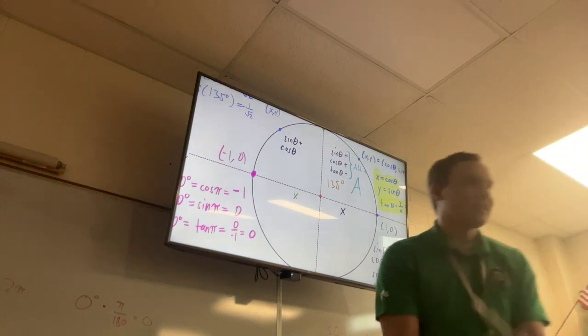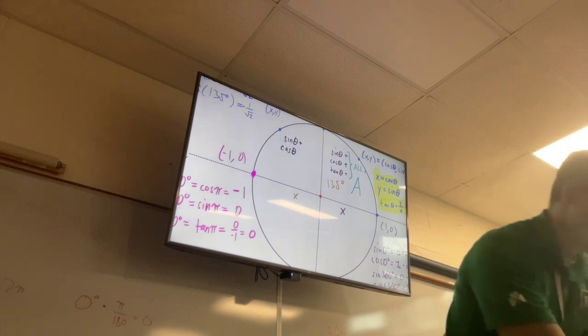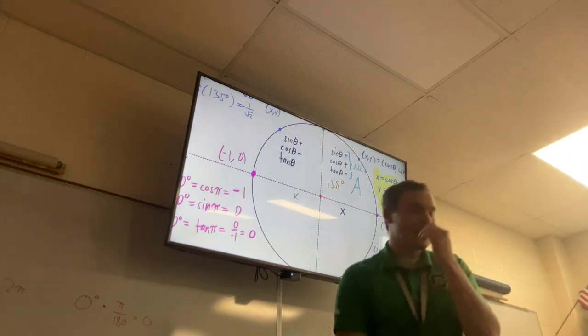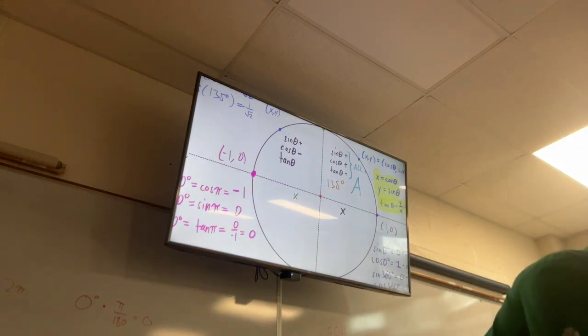Cosine theta, am I to the left or to the right of the origin? To the left, right? So cosine is going to be negative. And then tangent, if the tangent of theta is sine divided by cosine, so here I'm dividing a positive by a negative, what's tangent going to be? Negative, okay?